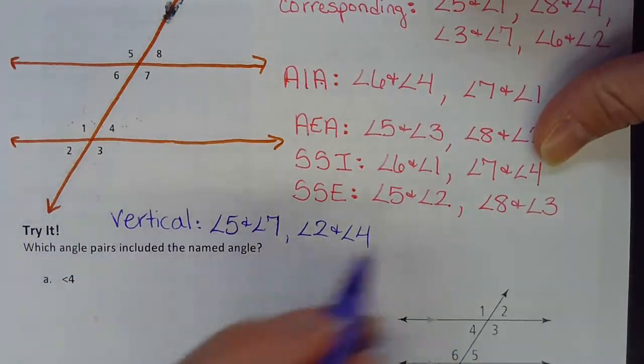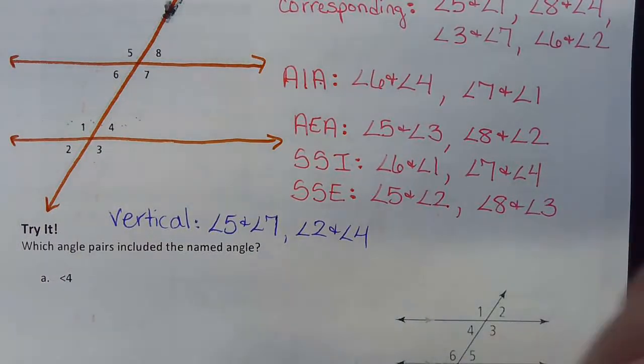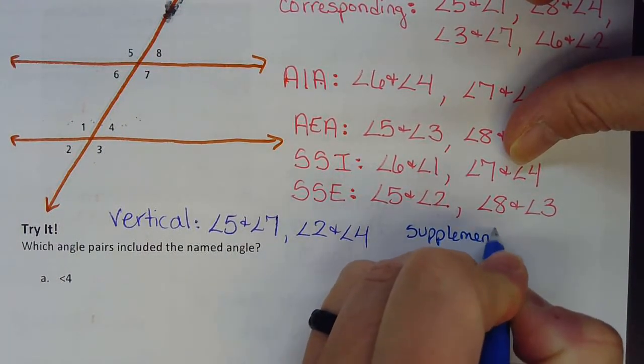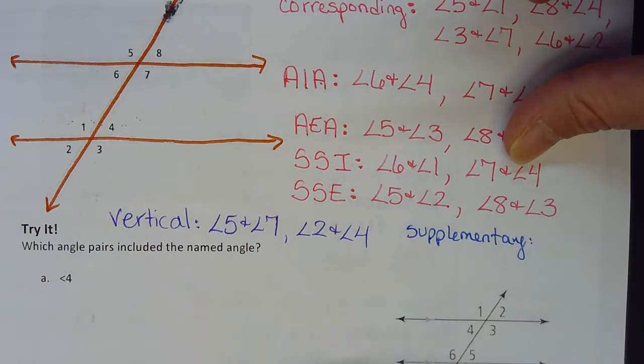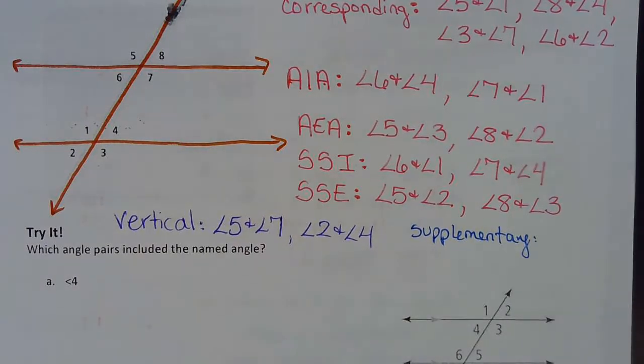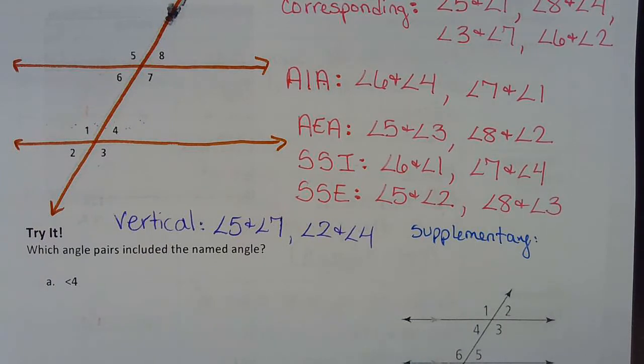The other thing that's going to pop up today are supplementary angles. That's what we talked about on Friday. Supplementary angles are any two angles that are adjacent to each other. There are so many different pairs of supplementary on here. It's crazy. Supplementary angles are any two angles that are connected together or share a side. They're right next door to each other.